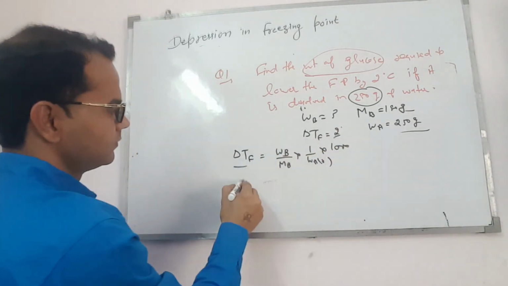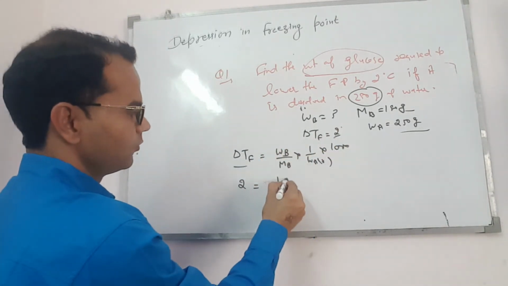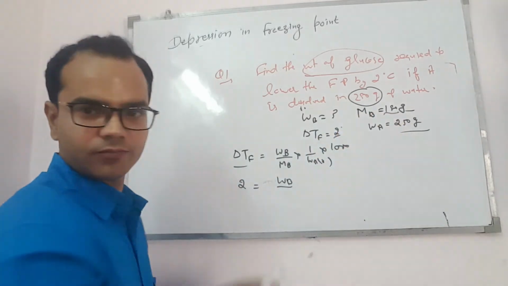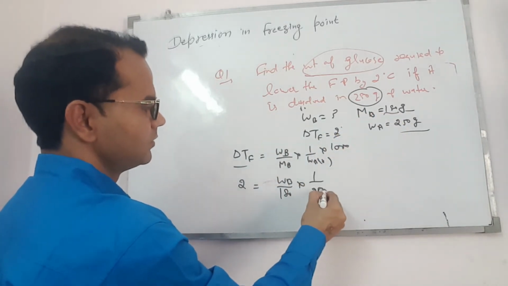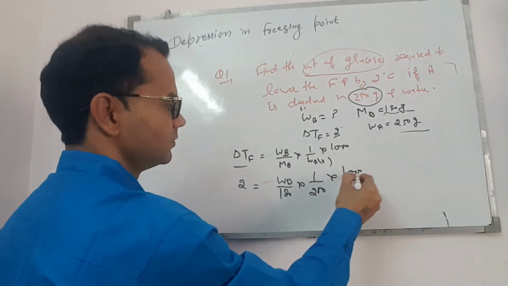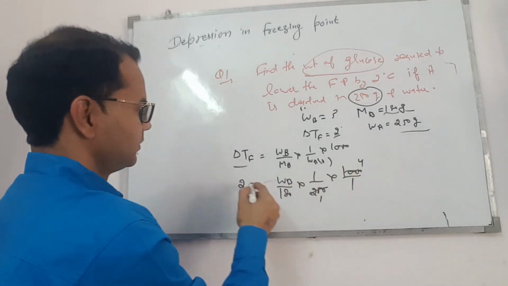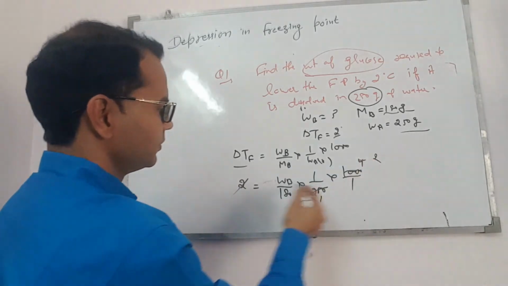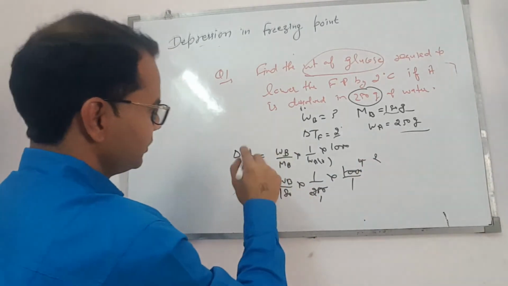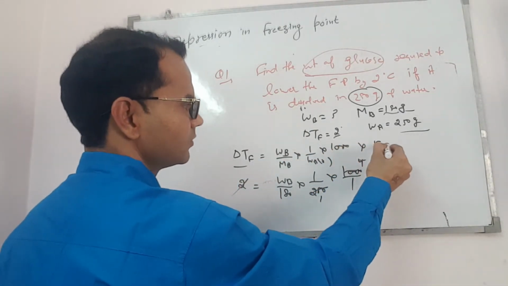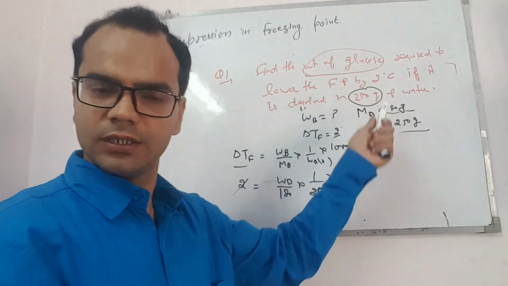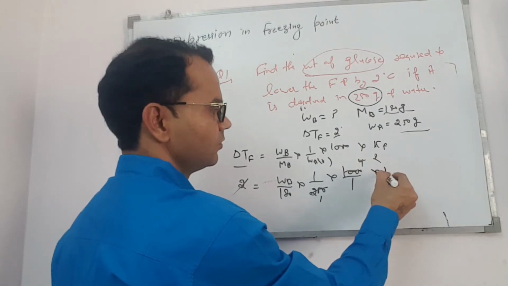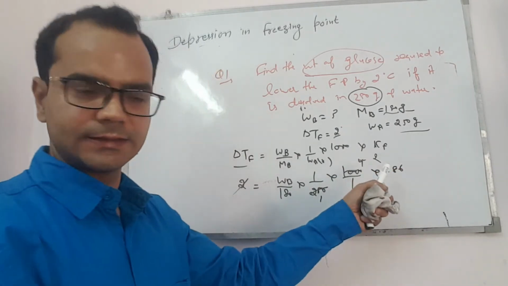WB we need to find out, molecular weight 180, WA 250, into 1000, delta TF is 2, and we need to use value of Kf also. Now this is aqueous solution. We know the value of Kf is 1.86.